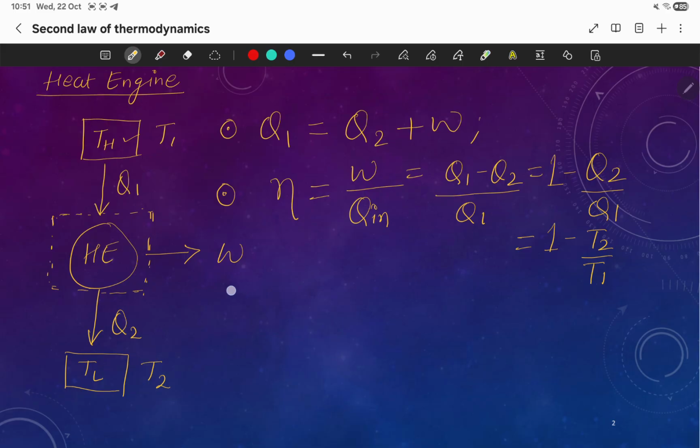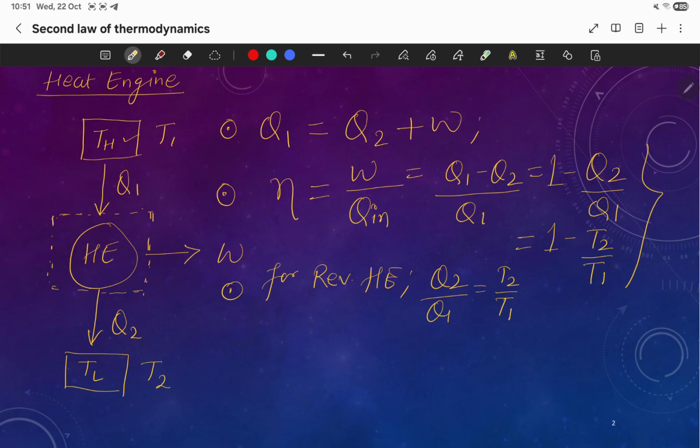So for a reversible heat engine, Q2 by Q1 is equal to T2 by T1. These are the important formulas for heat engine efficiency, and how heat and temperature are related for a reversible heat engine.